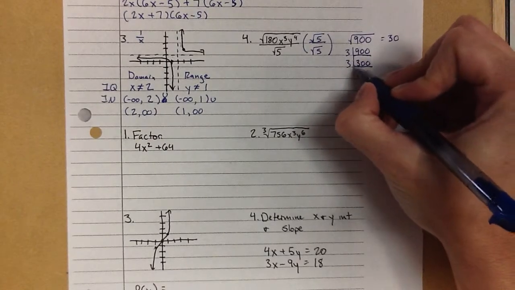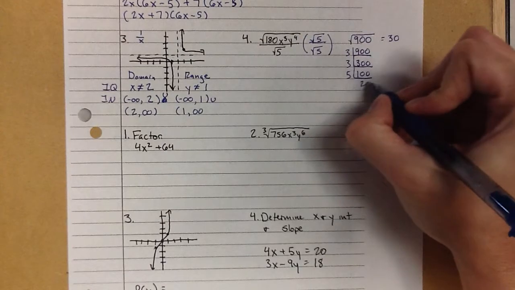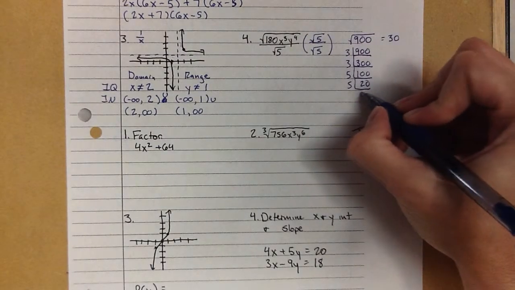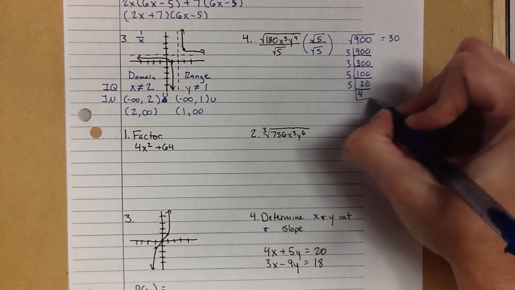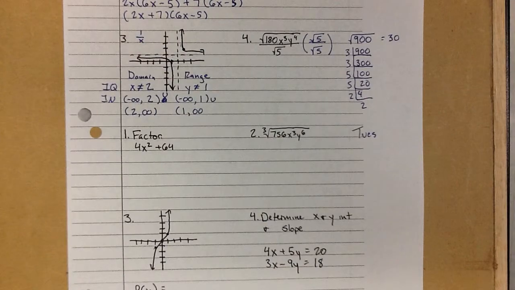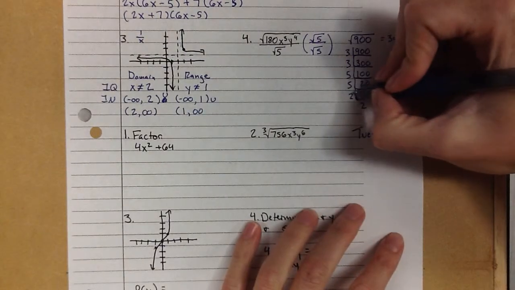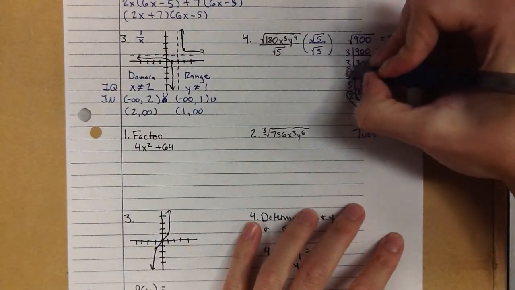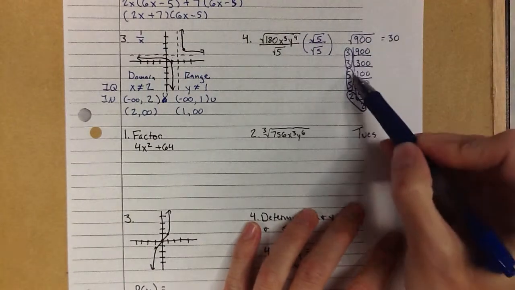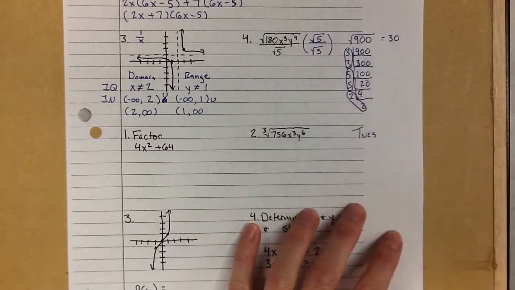Another one? 5, we got 20. 5, I got 10. How about 4? No. 2 and 2. It's a square root, so we have groups of 2. One set of 2s, one set of 5s, one set of 3s. 3 times 5 is 15, times 2 is 30.